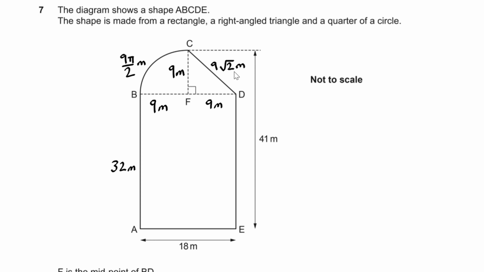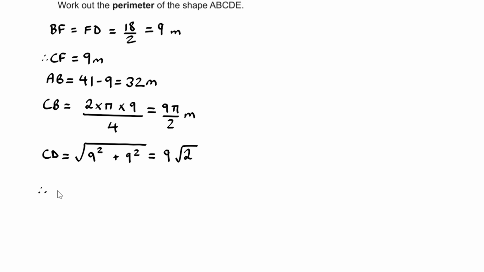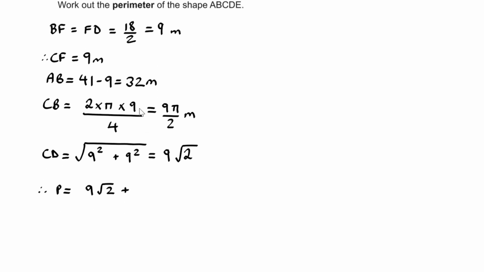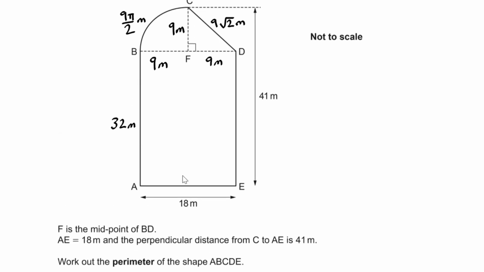We now have enough information to work out the perimeter. So for the perimeter, we've got the 9 root 2 added to the 9 pi over 2. And then we have the 32 and the 18 and another 32 over here, because the opposite sides of a rectangle are equal.